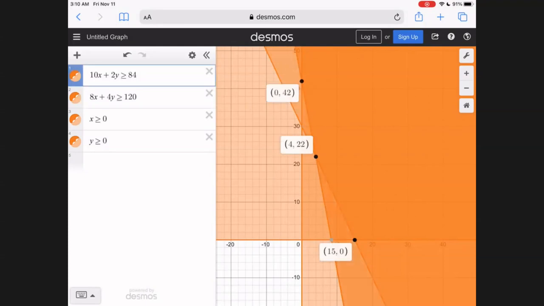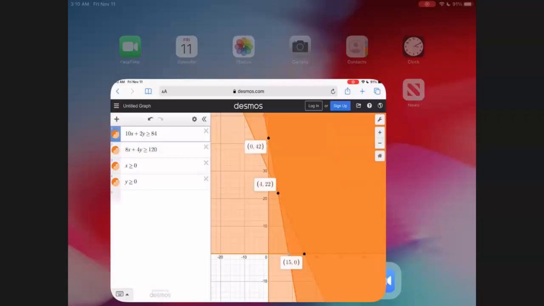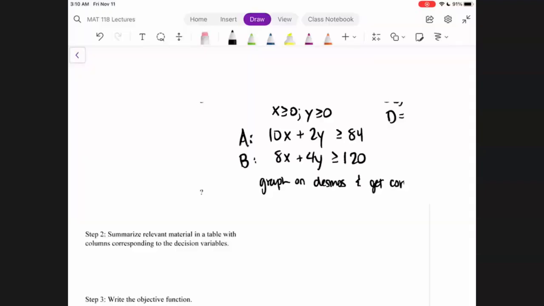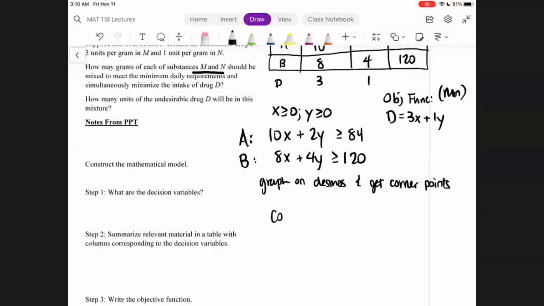So I know that those 3 would be my corner points because that feasible region is the dark top right. So let me take a picture. So from this, we got our corner points.